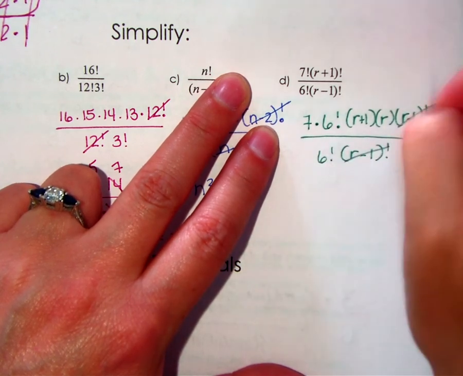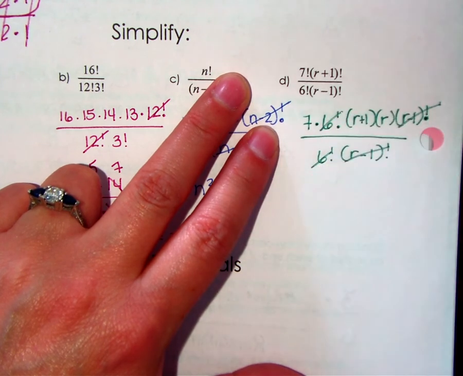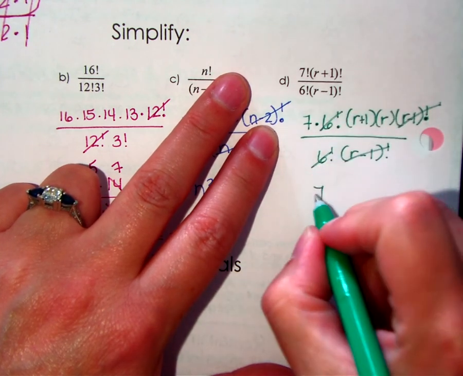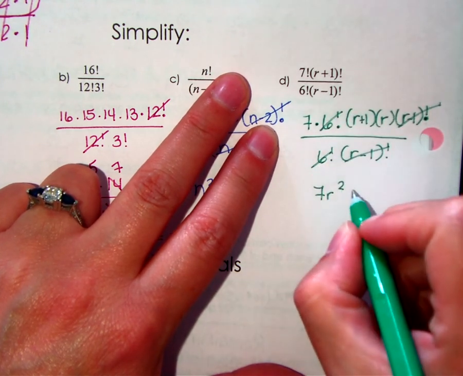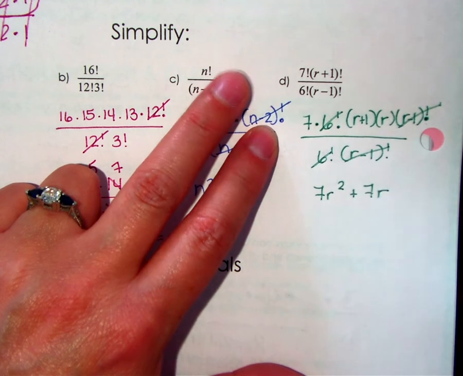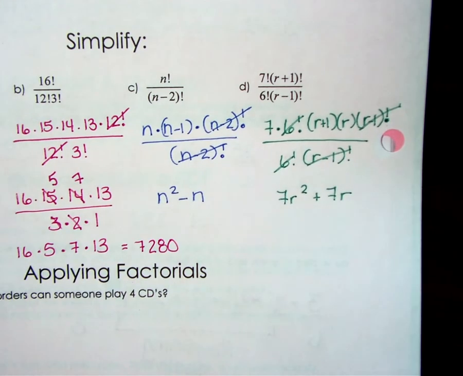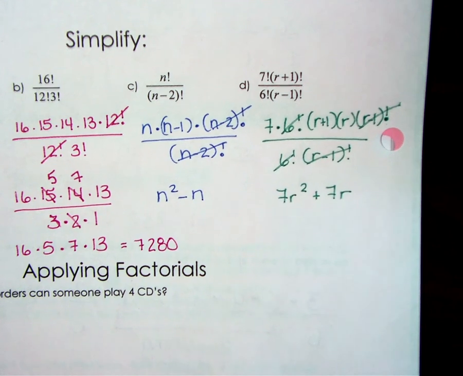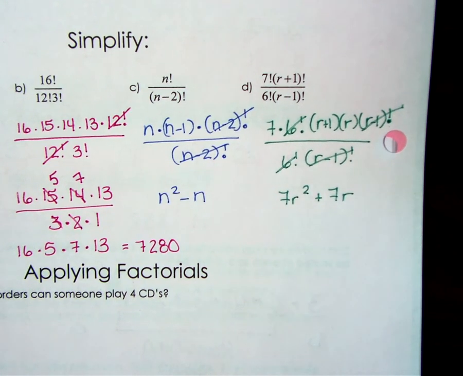So that's going to cancel out that. That's going to cancel out that. So I'm going to have 7r squared plus 7r. So we have to get comfortable using this fundamental counting principle with variables. But it follows the same principle as if it were numbers.